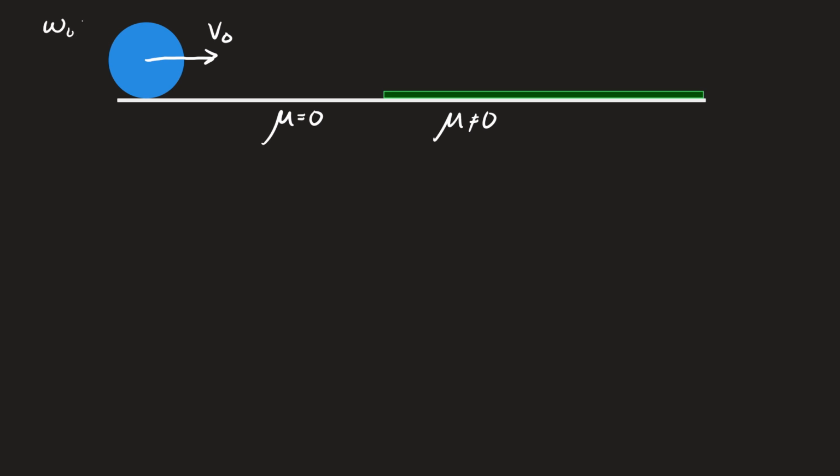So it's going to approach an area that has friction. Now, can you in your head imagine that when this object hits this place, it's going to transition from sliding to rolling? Does that make sense?